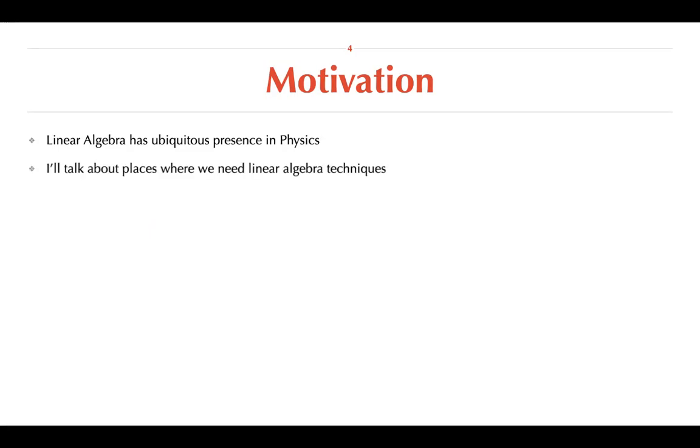There can be many places where you will need linear algebra techniques, and many times it is possible to solve them just by using paper and pen. But it cannot always be true, because when the size of the system increases, it becomes very hard to solve on paper. In those cases, you will need some numerical techniques.